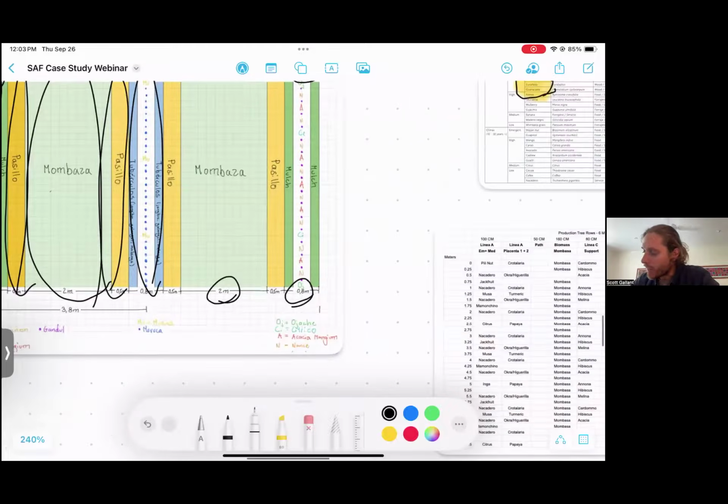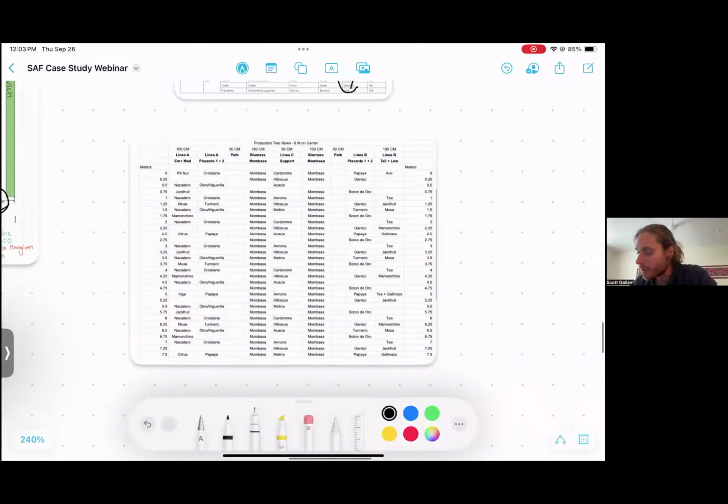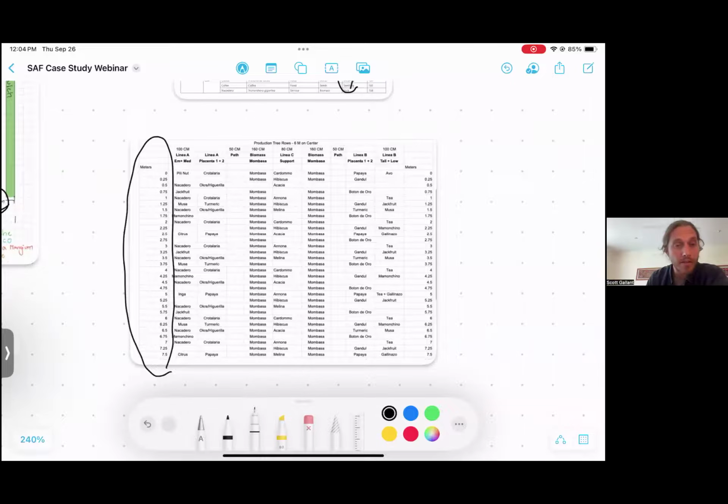And then I'll show one last example here. This was a different project we just finished of a way we'll use Microsoft Excel to design these systems. Pretty simple, but a nice thing. Over here, you can see every 0.25 centimeters is a line. We have our A row, we have our B row, and then a C row in between.